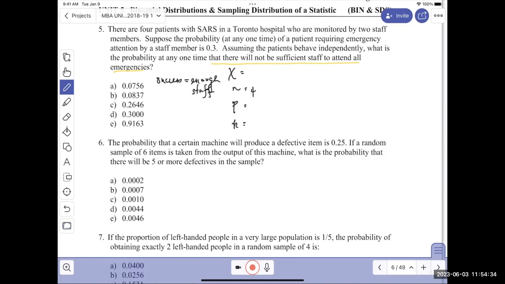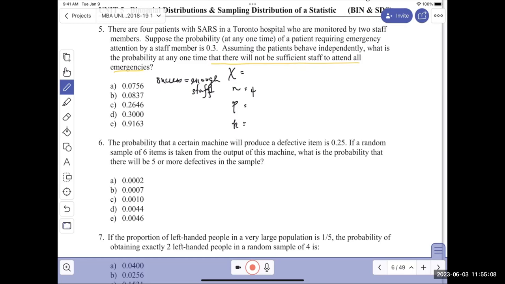Because you have to make sure that you have enough staff on hand, given the probability of an emergency. So this resonates quite well with the last 3 years of pandemic and needing enough resources in hospitals, including human resources.